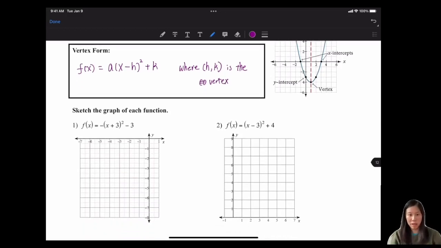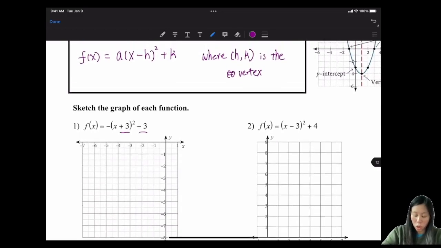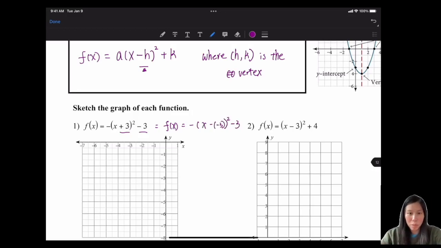Okay, for example, this one, we have plus 3 and minus 3. So be careful, we have x subtract h, but this is plus. So that means we need to rewrite the function as negative (x minus negative 3) squared minus 3, because minus negative 3 is equivalent to plus 3.